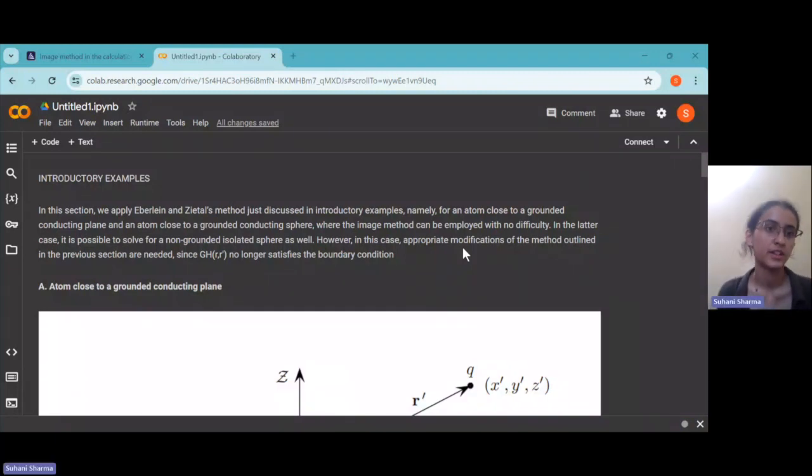Okay, so now I will start with the introductory examples. In this section, we apply Eberlein and Zettel's method, which we just discussed, to these introductory examples, namely an atom close to a grounded conducting plane and an atom close to a grounded conducting sphere, where the image method can be applied with no difficulty.